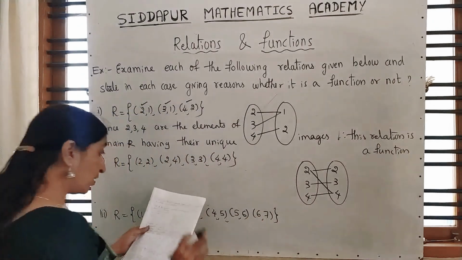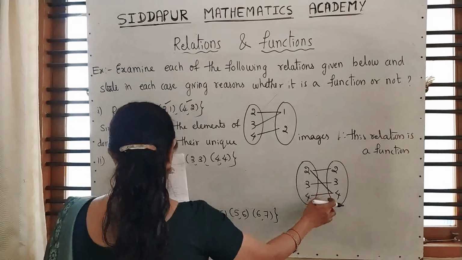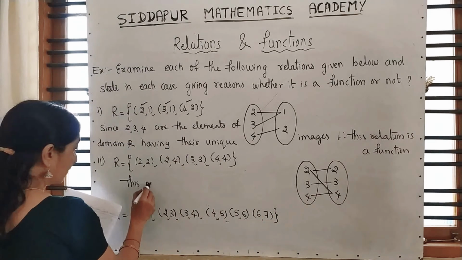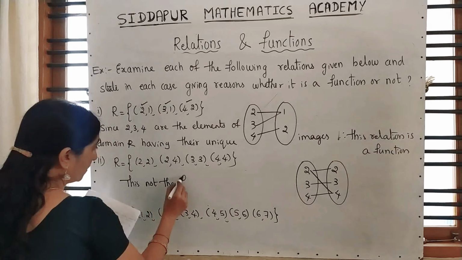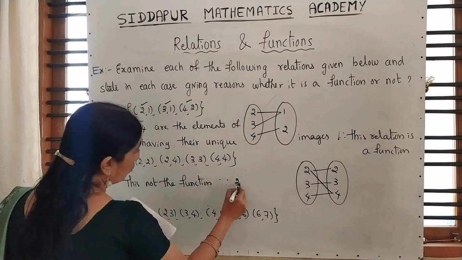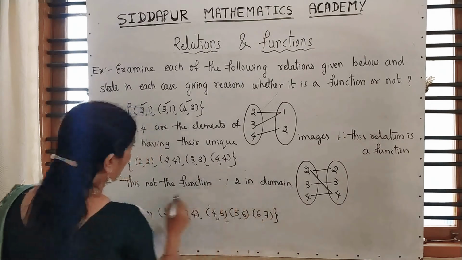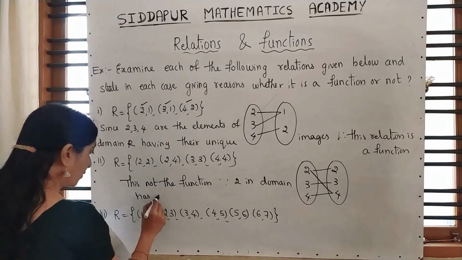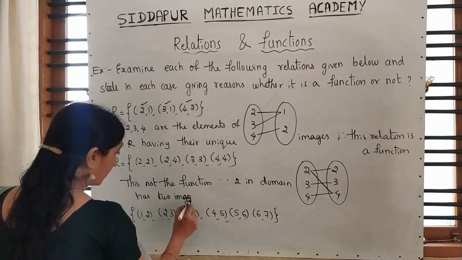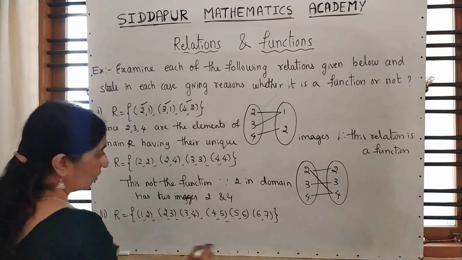This is not a function because 2 in the domain has 2 images, 2 and 4.